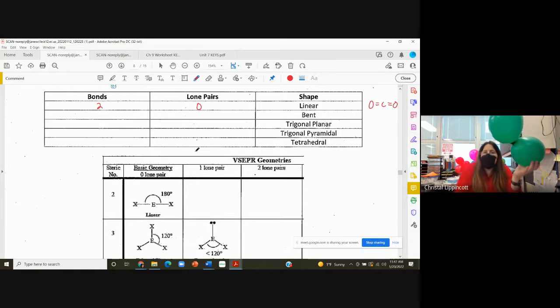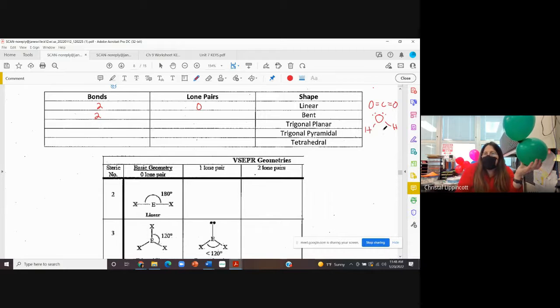All right. The next one is bent. And what bent is would be like water. Okay. So here you've got two lone pairs of electrons, and you have hydrogen attached to it. So that's an example of bent. You're going to have two things bonded.